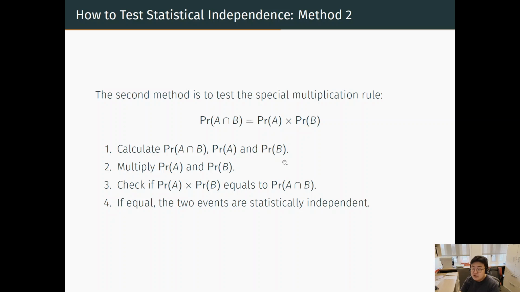And the second method is based on the special multiplication rule. If they are independent, this will be true, and if this is wrong, they are not independent. So we are going to calculate this, and calculate this, and then multiply them and see if they are the same or not.